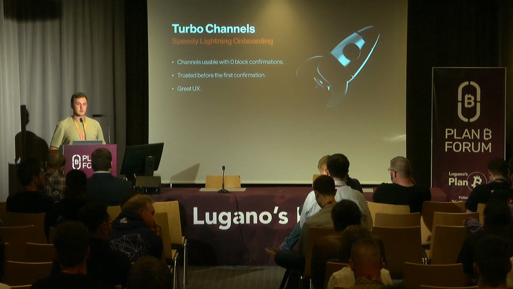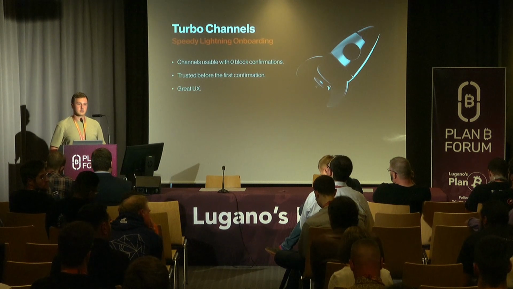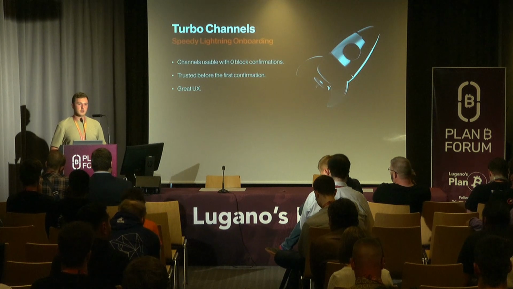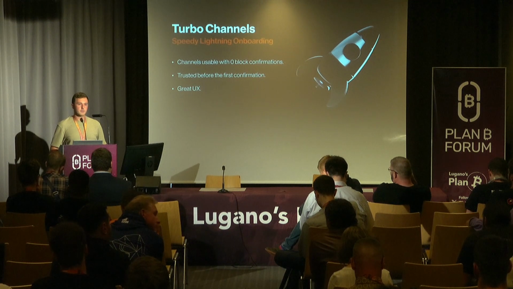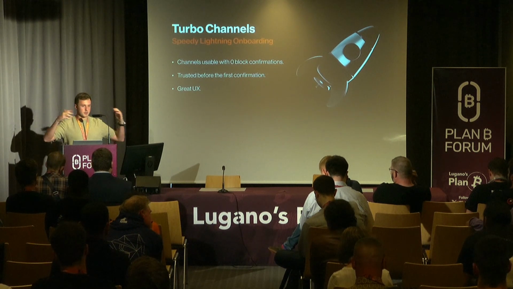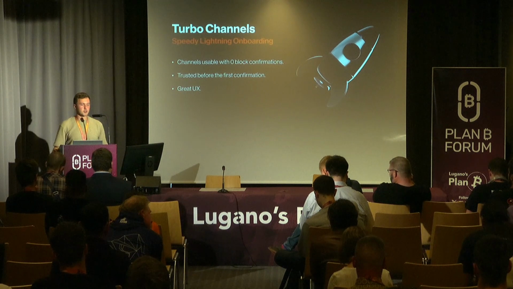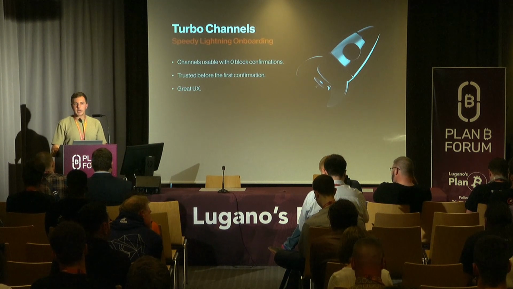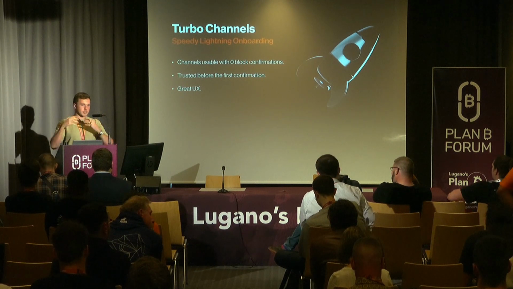Is the intent that the wallet implementers would show the user whether a channel is a turbo channel or not? How do I know as a user that I have a confirmation or not? It's up to the wallet developers and UI designers how to show this. I expect that in the default case it's not shown.